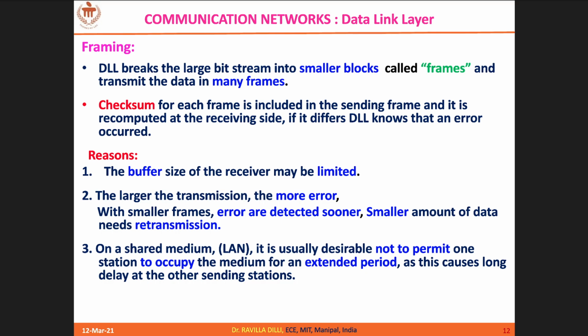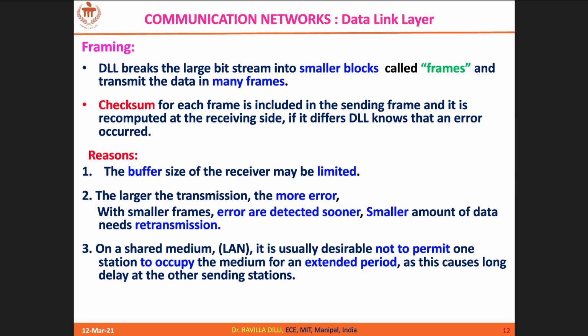And the other one is when you send such a large packet, if the packet arrives at the receiver with a few errors, then you are asked to retransmit the entire packet. So instead you make it into smaller frames, so that only that particular frame is retransmitted instead of the entire packet. That's another reason why we go for framing.